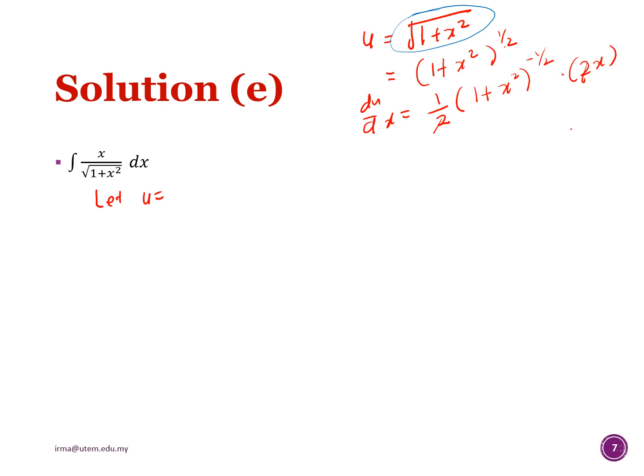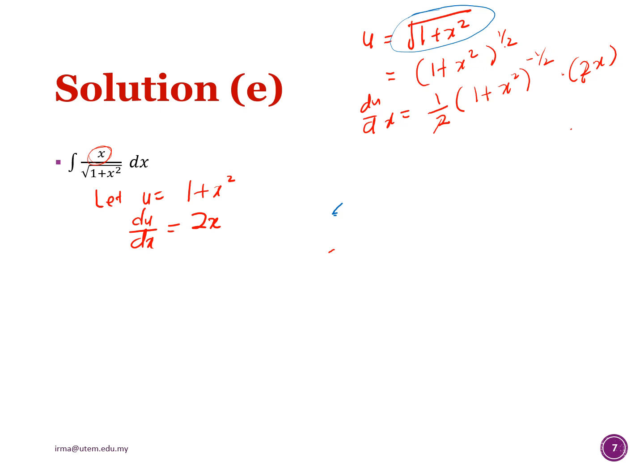Same as this one. You don't have to put everything, the denominator, as u, but we just select the polynomial, which is 1 plus x squared, so that if you differentiate u with respect to x, you only have 2x, and this 2x can be cancelled out with the x here.